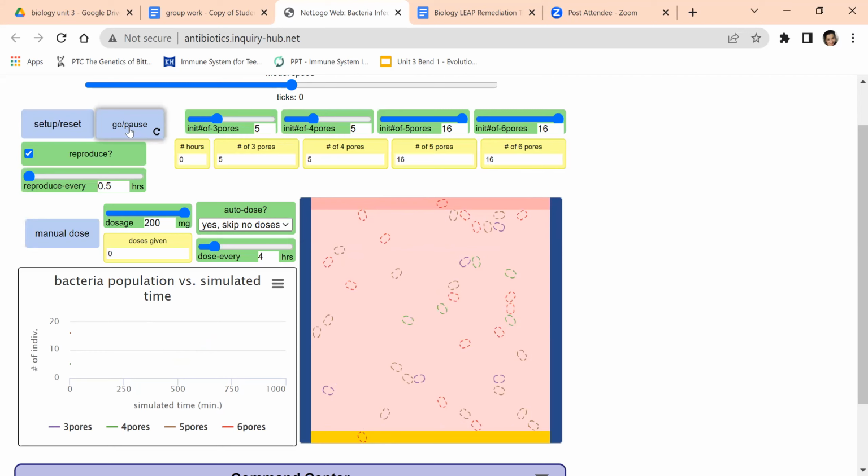But look, let's see what happens when we take antibiotics with this.